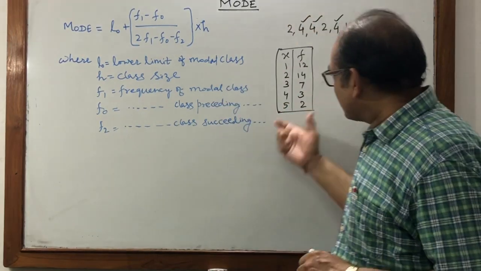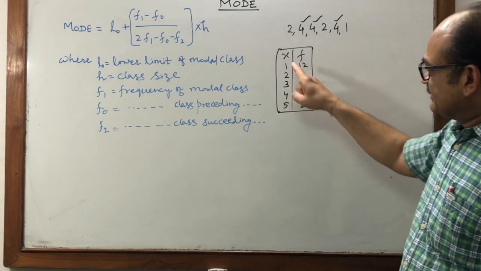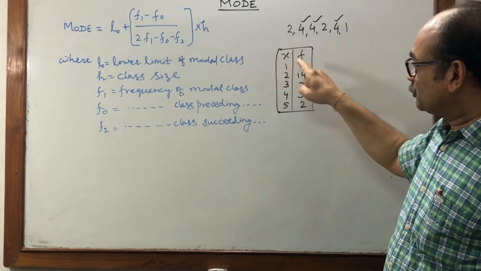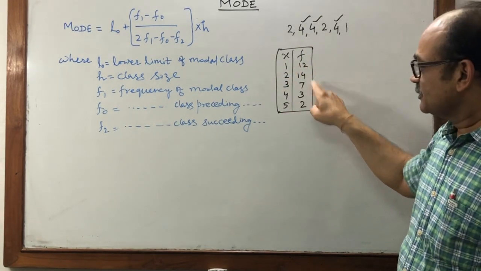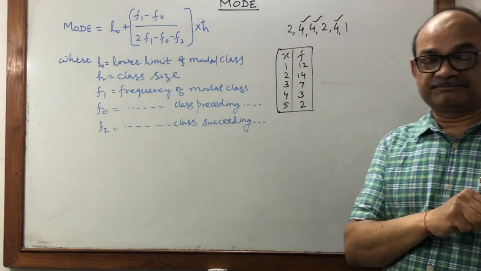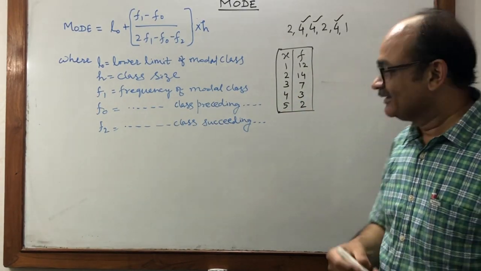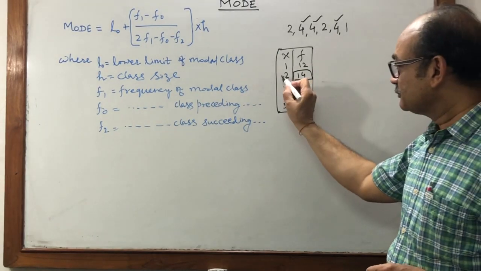Similarly, for Hardik Pandya, the bowling statistics: 1 wicket taken 12 times, 2 wickets taken 14 times, 3 wickets taken 7 times, 4 wickets taken 3 times, and 5 wickets taken only 2 times. What is the mode? The maximum number of times, that is 14 times, he took 2 wickets.